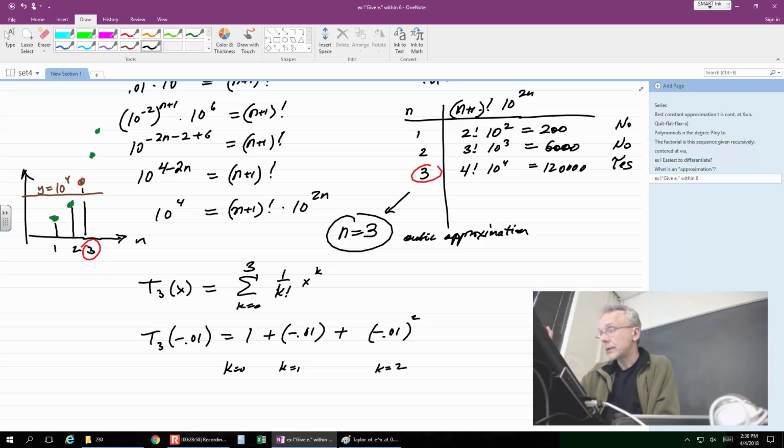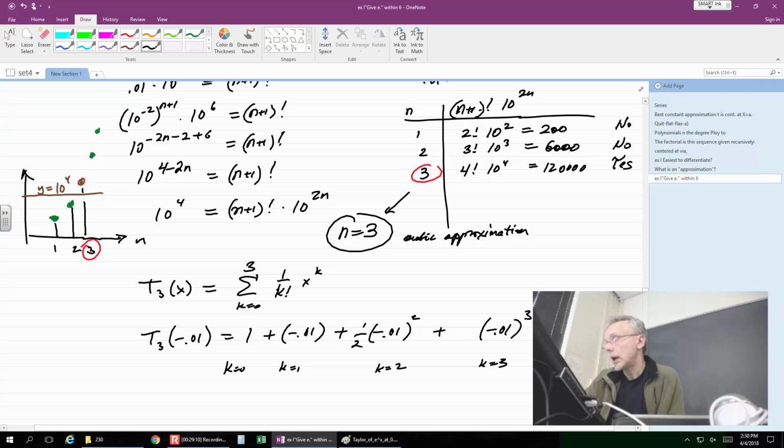What's the coefficient, the second Taylor coefficient? Just plug in k equals 2. So it's 1 over 2 factorial, simply 1/2. And one more, k equals 3. We have negative 0.01 cubed, and the coefficient is 1/6.